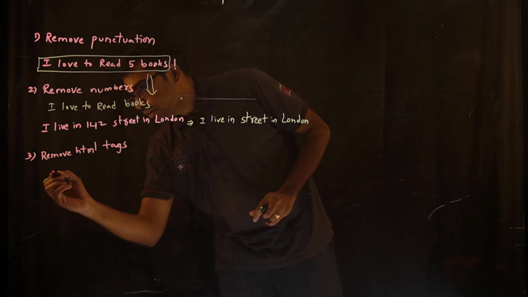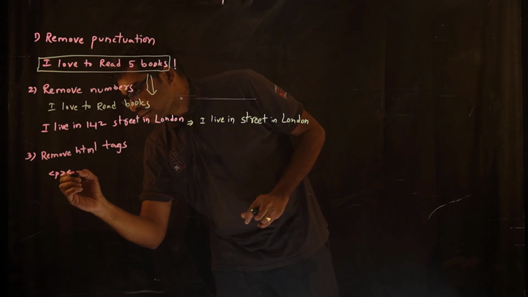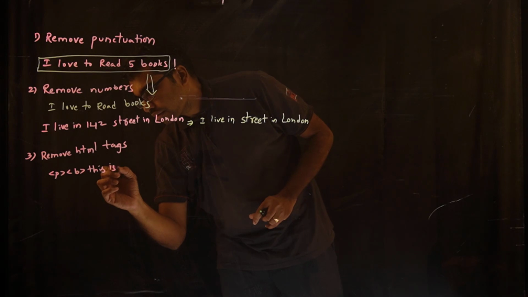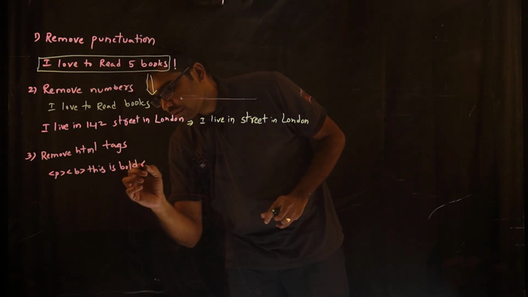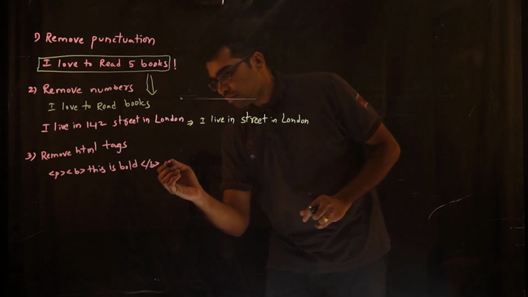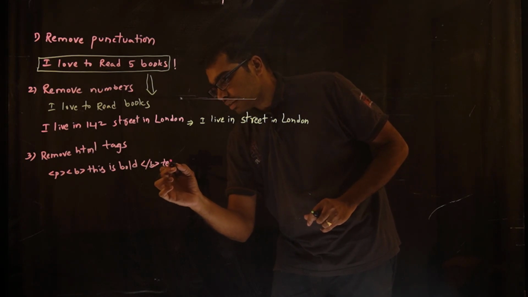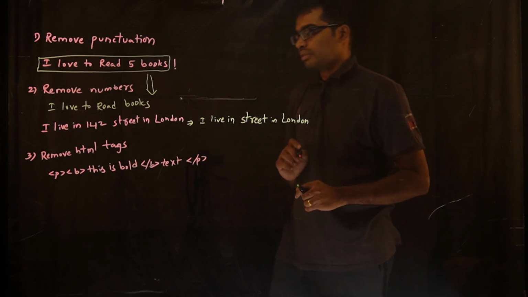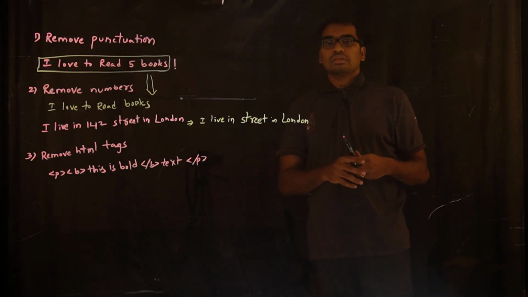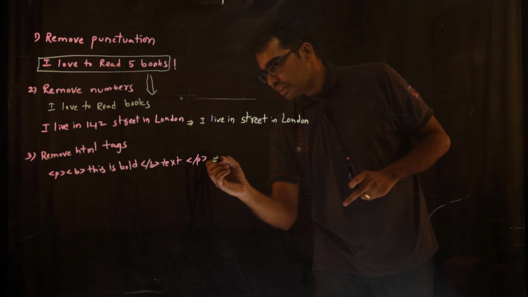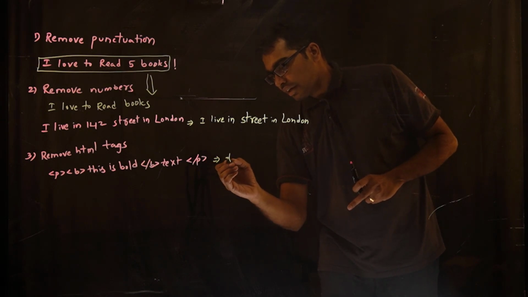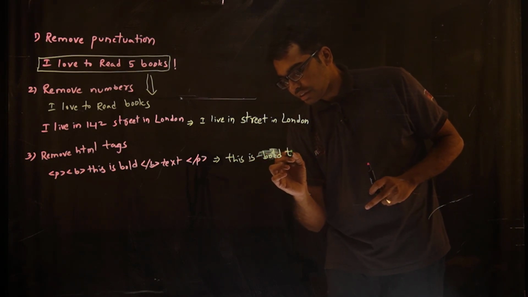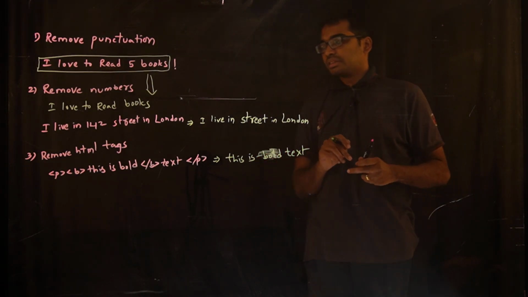For example, if I have the text with tags, something like this, this is bold and text. Now if I clean this, then I have: this is bold text.